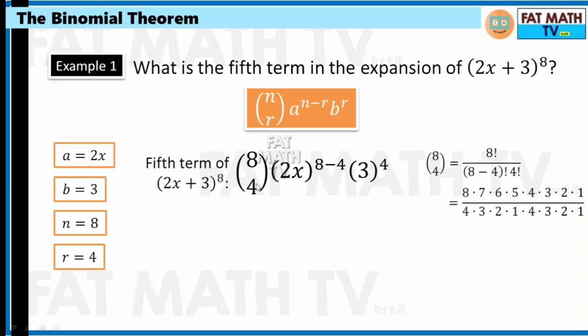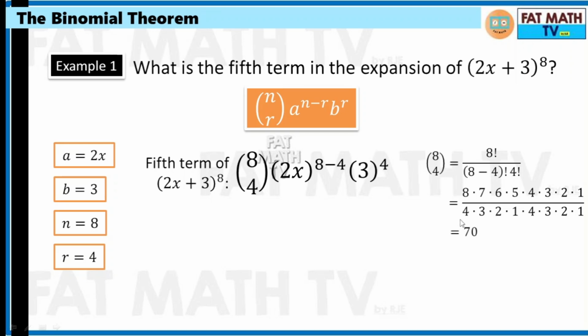Okay, 8 choose 4, that's 8 taken 4 at a time. We have 8 factorial over (8 - 4) factorial times 4 factorial. 8 factorial is 8 times 7 times 6 times 5 times 4 times 3 times 2 times 1. And 8 minus 4 is 4 factorial, which is 4 times 3 times 2 times 1. For the second one, the 4 factorial, we also have 4 times 3 times 2 times 1.